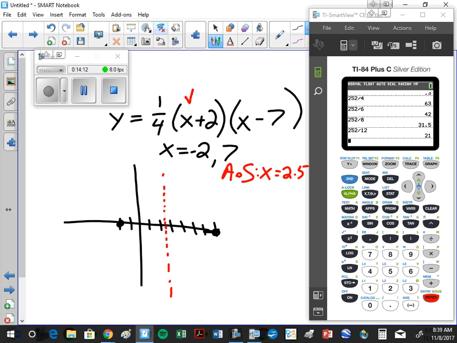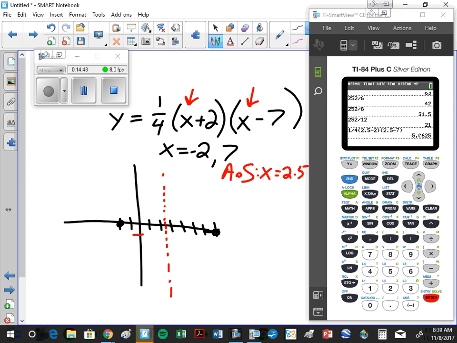Then I need to put 2.5 in there. And I'm going to use my calculator. I don't want to do this in my head. 1/4 times 2.5 plus 2 times 2.5 minus 7. And it gives me -5.06, which is just a little bit below -5.